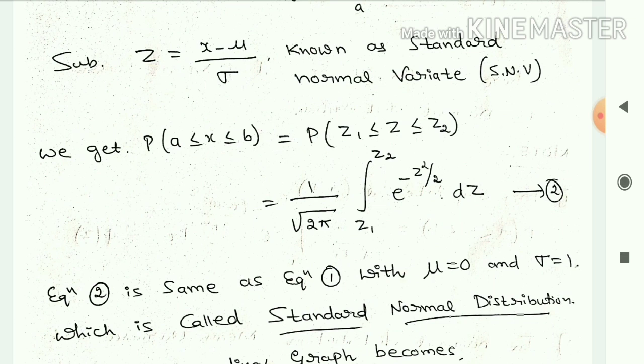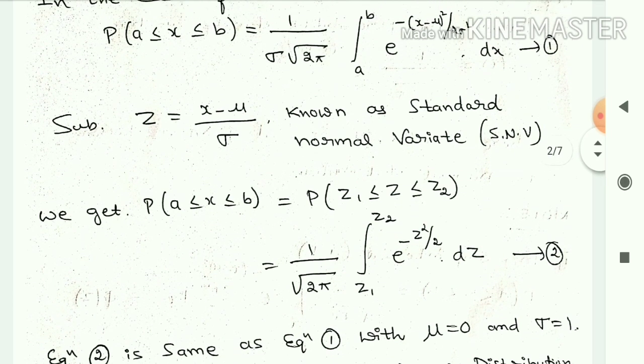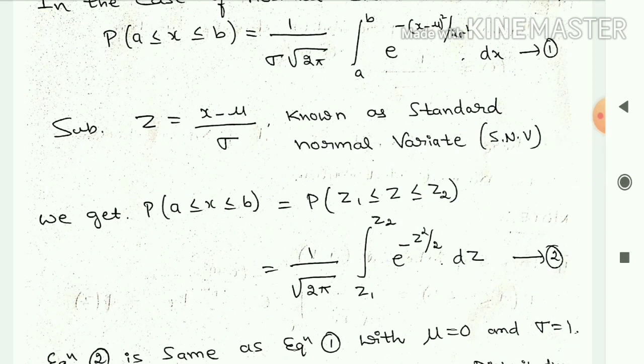One major observation is, in the case of normal distribution we are writing in terms of x. In the case of standard normal distribution we are writing in terms of z. Therefore observe equations 1 and 2. What is the difference? They look almost the same, right? The only difference is there we write in terms of x, here we write in terms of z. Technically the difference is, in the second formula the value of sigma is 1 and the value of mu is 0.